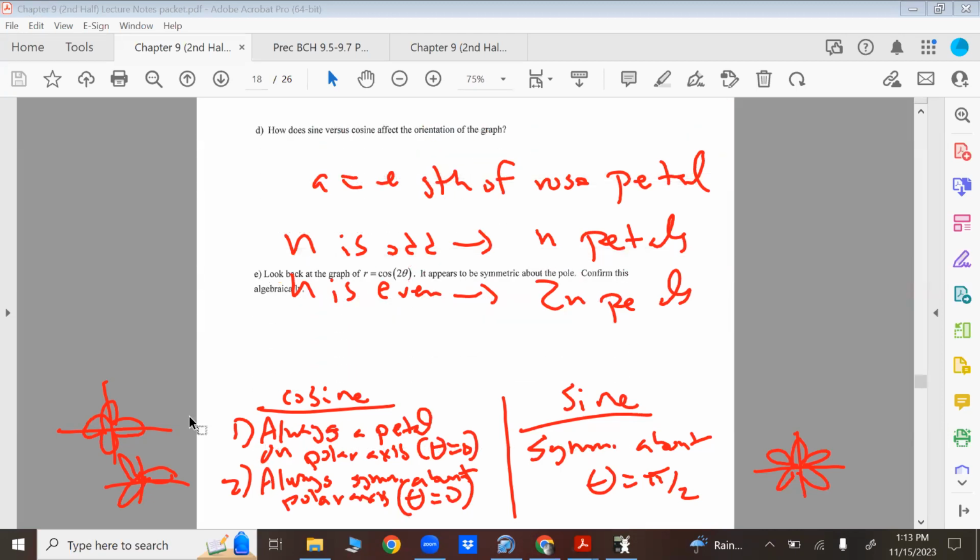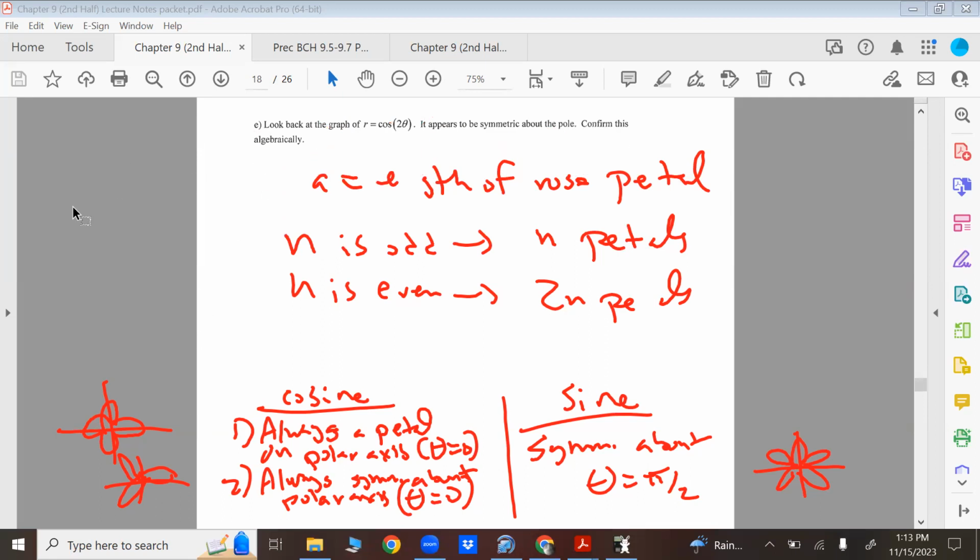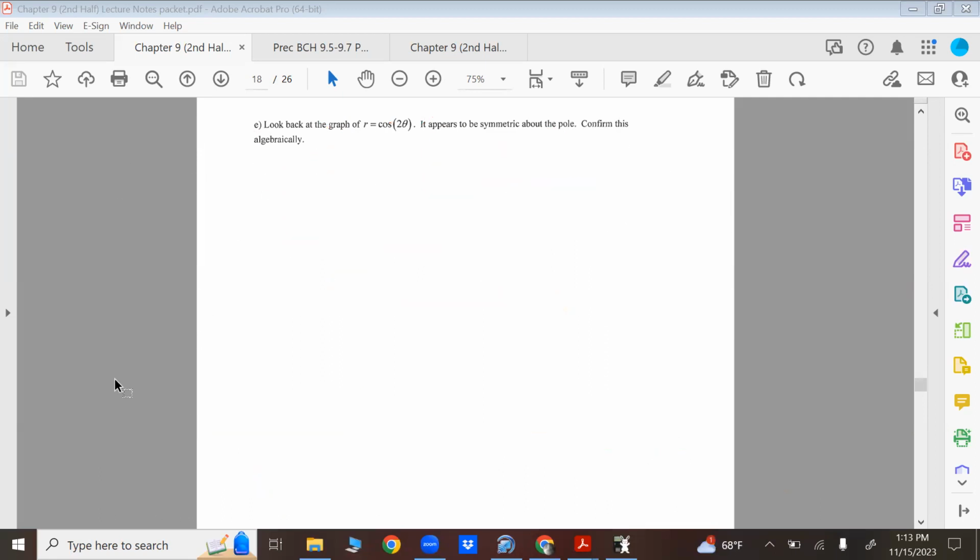let's see here. Okay, so looking back at the graph of r equals cos 2 theta, it appears to be symmetric about the pole. Convert that algebraically. Well, to be symmetric about the pole, we could try r comma theta plus pi. That's the only thing we know for sure for that one, because you can't say it's symmetric about the polar axis.